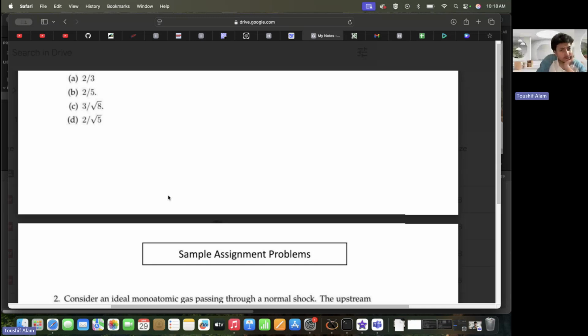Just divide this and you will get the velocity.